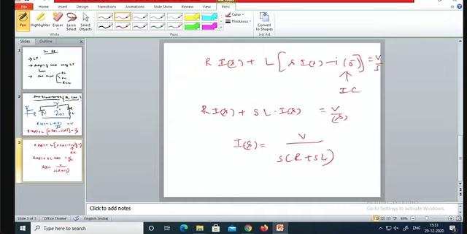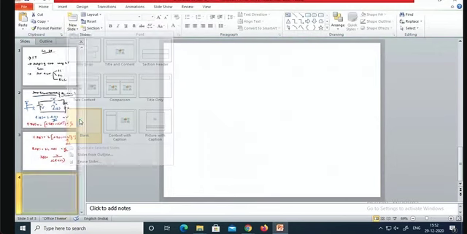Okay, so what you can do is bring it to the standard format so that you can apply the Laplace inverse. Using partial fractions, you have to simplify it.